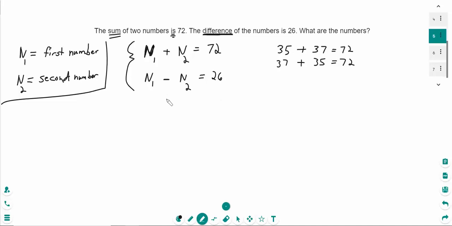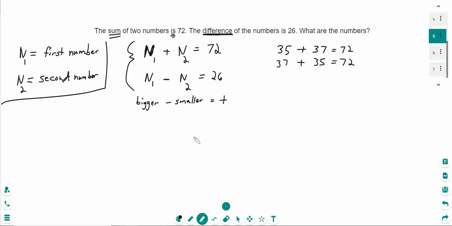However, in subtraction, things get a little messier, okay? Because if I have two numbers that are not the same, it's going to matter which one I write first, right? Because if n sub 1 is the bigger number, well then I'll have bigger minus smaller, which is going to produce a positive answer, right?